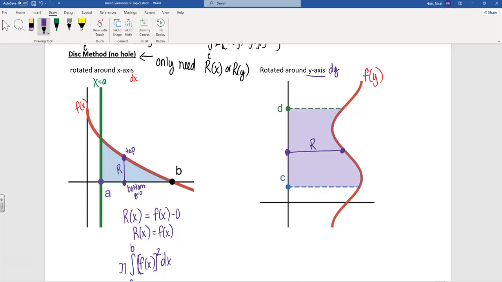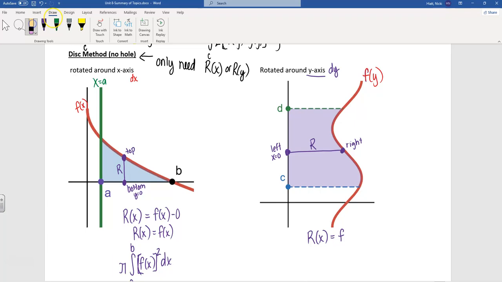And you do right minus left. And if it's the y-axis, the left is 0, right? The left is going to be x equals 0. So our radius here, capital R, is, right side is whatever f of y is.